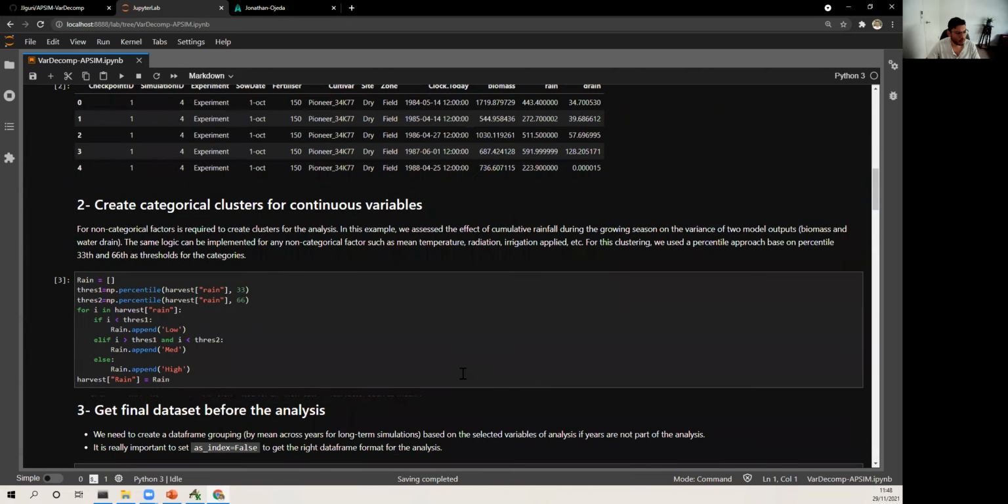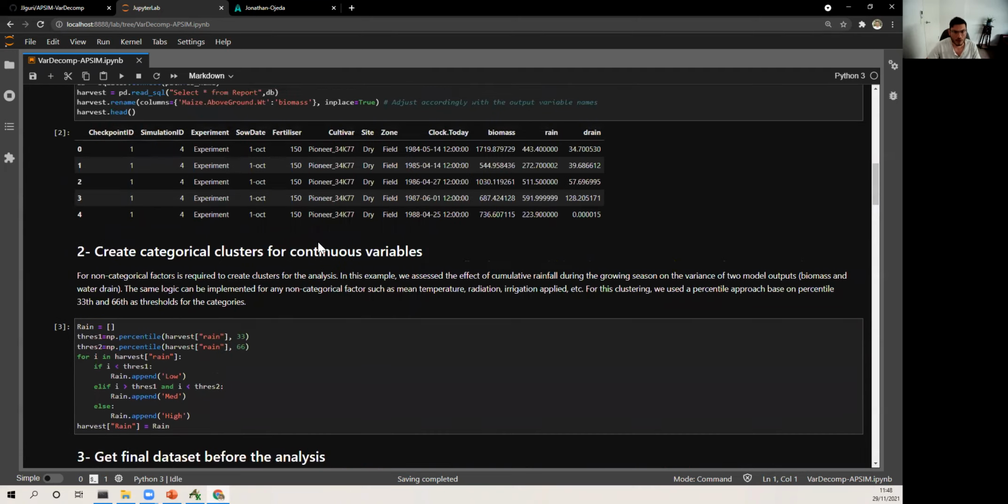So if we continue, this is a really important step of the analysis. Here we can see that factors of analysis can be categorical or can be continuous, talking about numbers. For example, for the cultivar, we know that we have 3 cultivars.